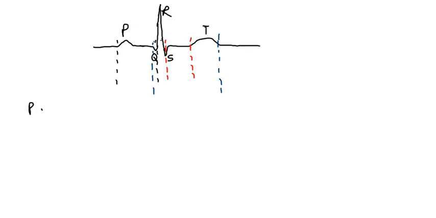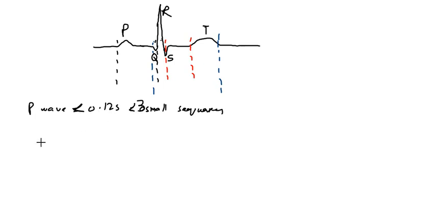Coming back here, this is the P wave, and normally P wave duration is less than 0.12 second, almost three small squares. One small square is equal to 0.04 seconds, so three small squares must be 0.12 seconds.